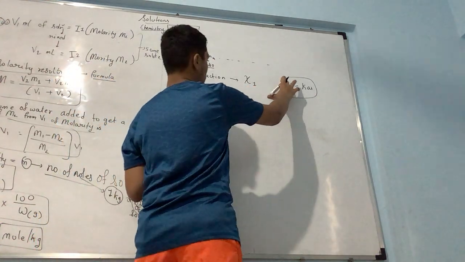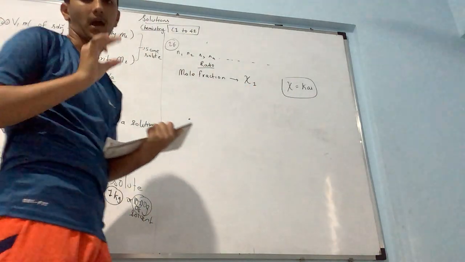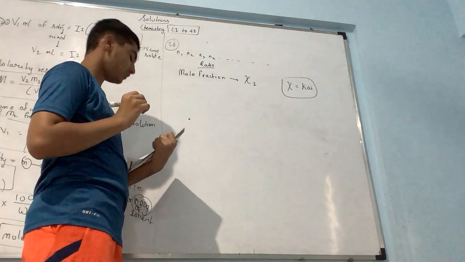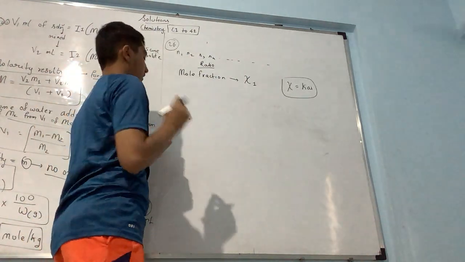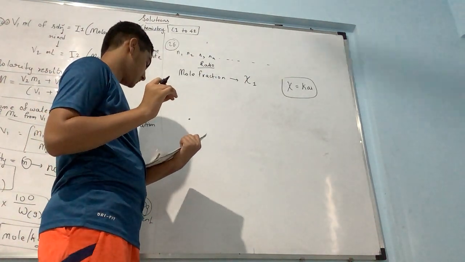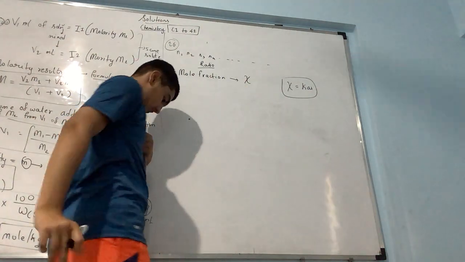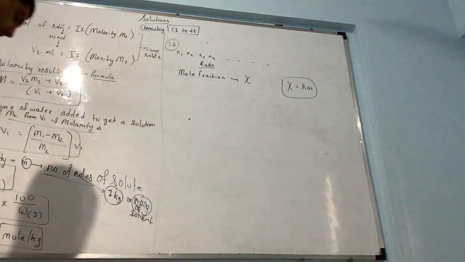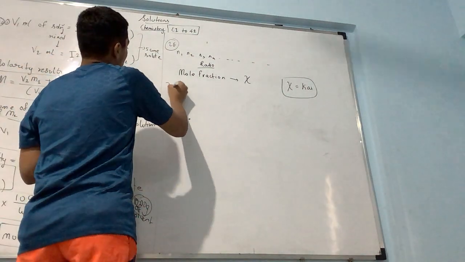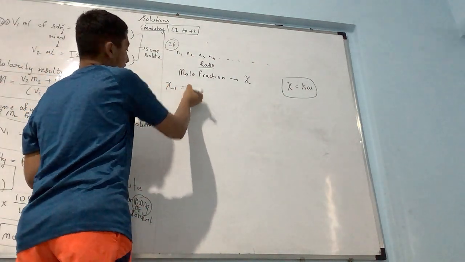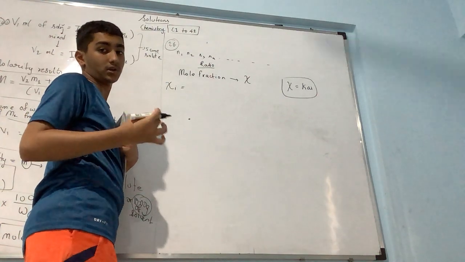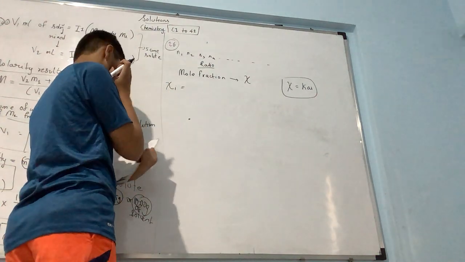Now it's known as chi. So mole fraction, chi, now chi i. Why i? Because we are finding the ratio, and the ratio's sign is i.